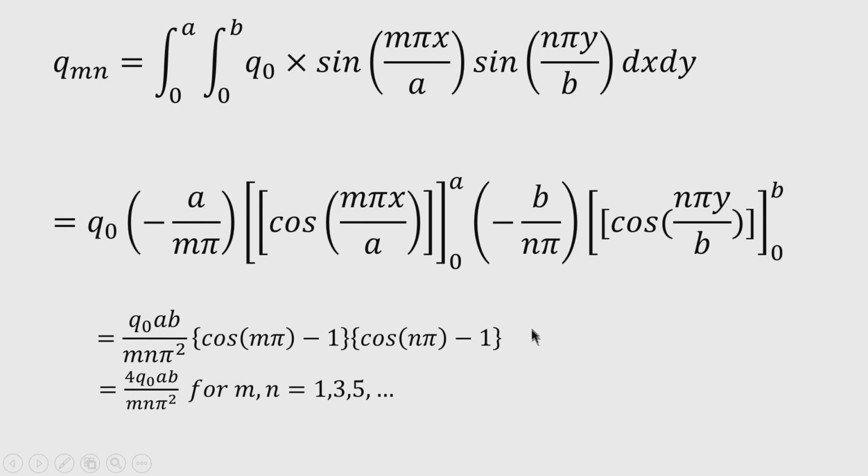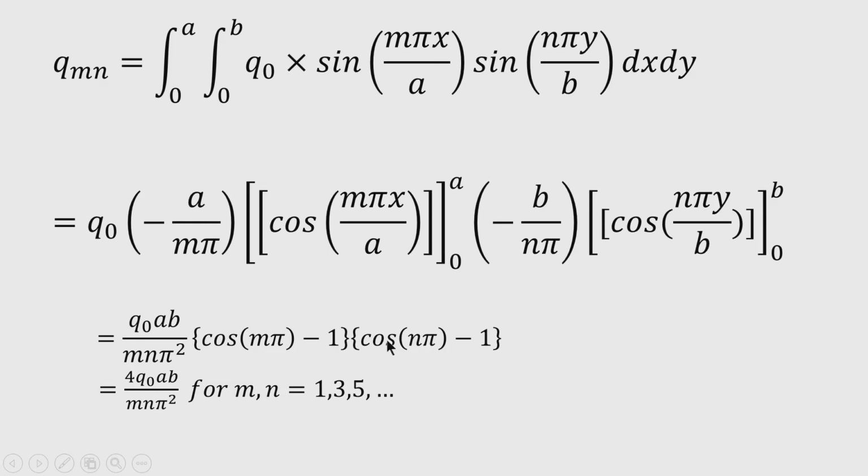One interesting thing is that for any even value of m, say for m is equal to 2, this function will be 0, and for n is equal to say 2, this function will be 0. So, if m is equal to 1, n is equal to 1, then you will get this as minus 1 minus 1, that is minus 2, and here also you will get minus 2.